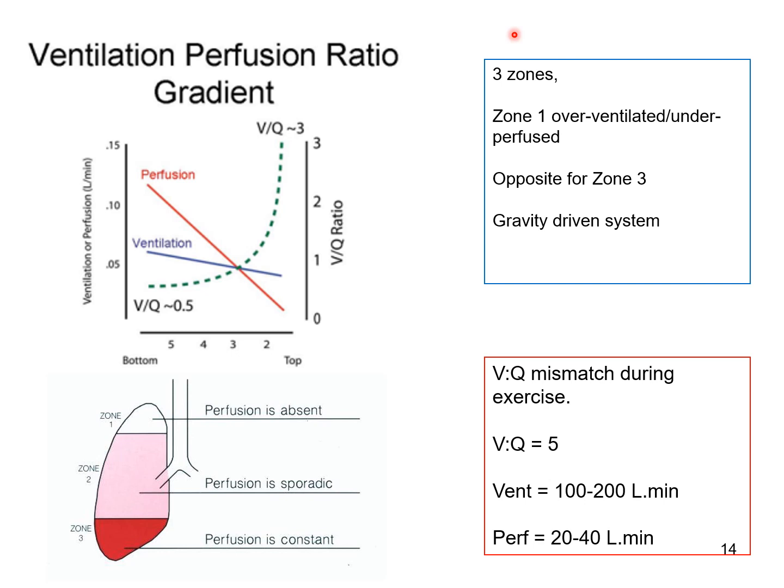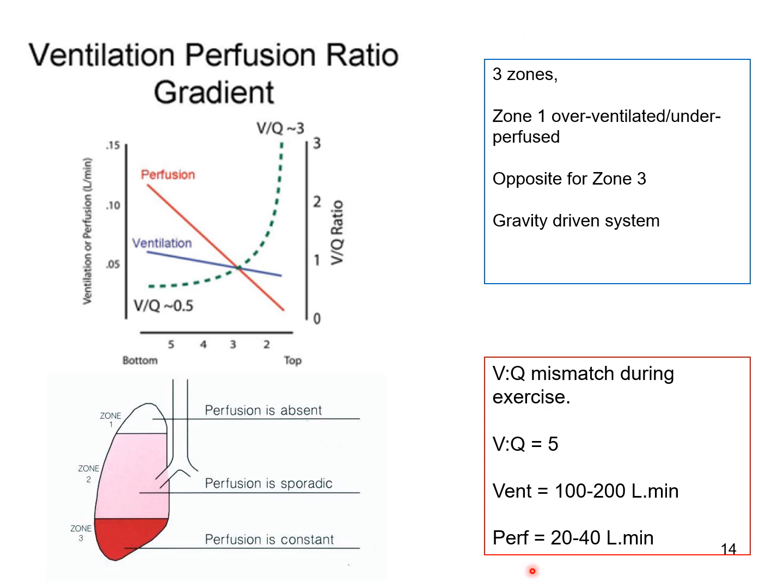So the key relationship to remember is when ventilation perfusion ratios increase, ventilation is greater than perfusion, and when the ventilation perfusion ratio decreases, perfusion is greater than ventilation.